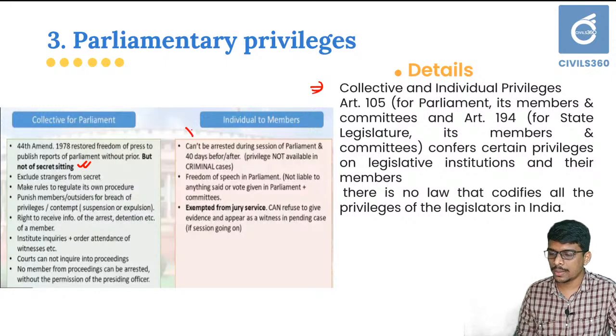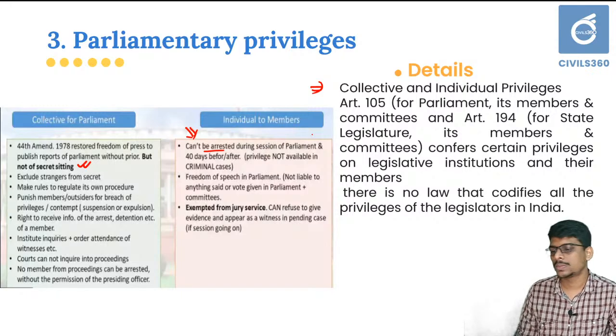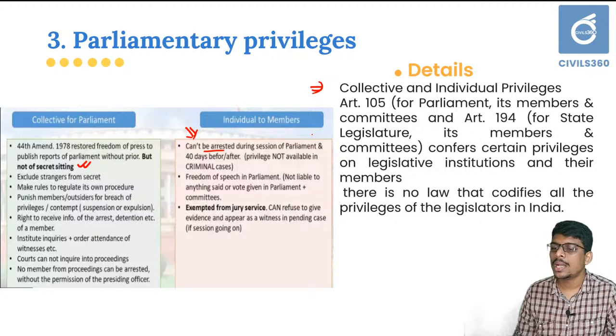For individual members, they cannot be arrested during a session of parliament or 40 days before or after. That is, the privilege is not available for criminal cases but for civil cases. The member cannot be arrested for at least 40 days prior to the session.